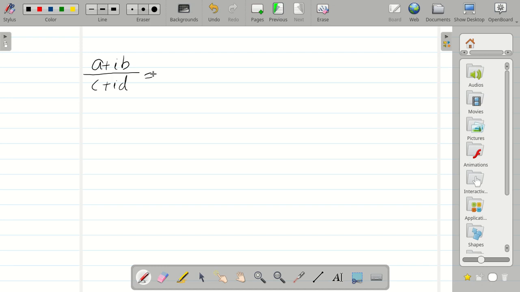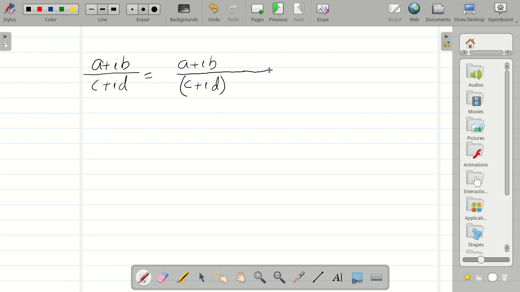Always remember, in complex numbers, the denominator must be free of i. That means you have to somehow manipulate things and get rid of this i. Can you guess what to do if you want to get rid of that i from the denominator? Think about it. How can I get rid of this i?